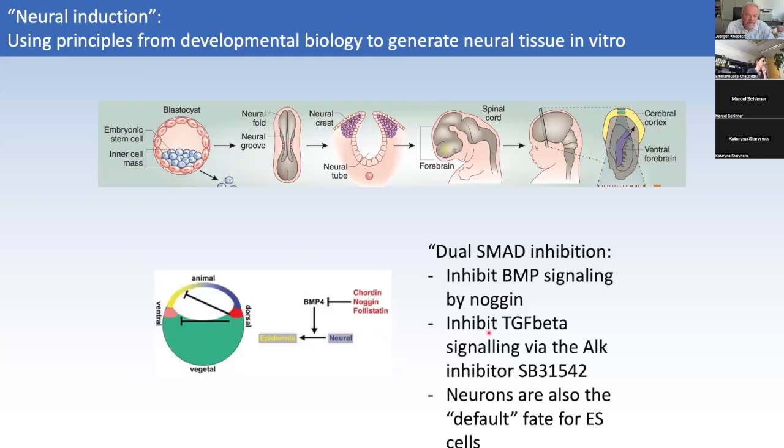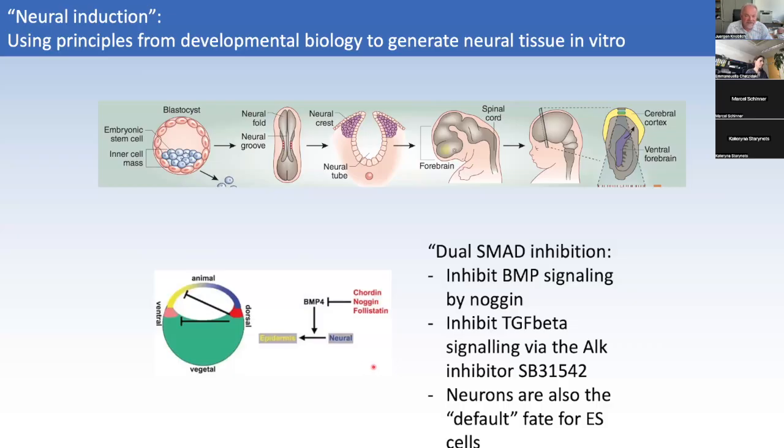There are two kinds of signaling pathways. First, BMP signaling, and the second one, TGF-beta signaling, that are inhibiting the formation of neurons and the nervous system. So another way to look at this is neurons are the default pathway. If you give cells no information and you let them differentiate, they will turn into neurons.